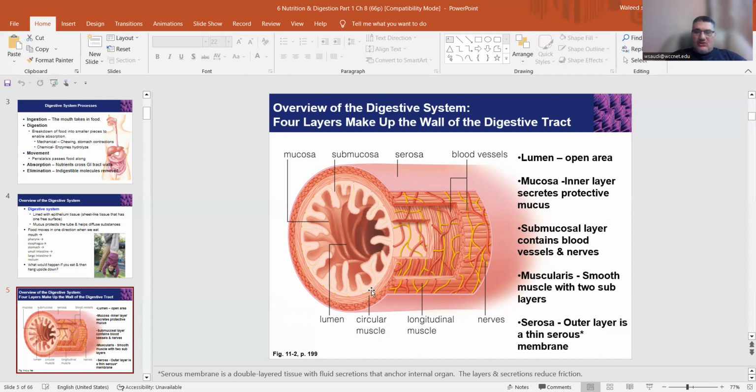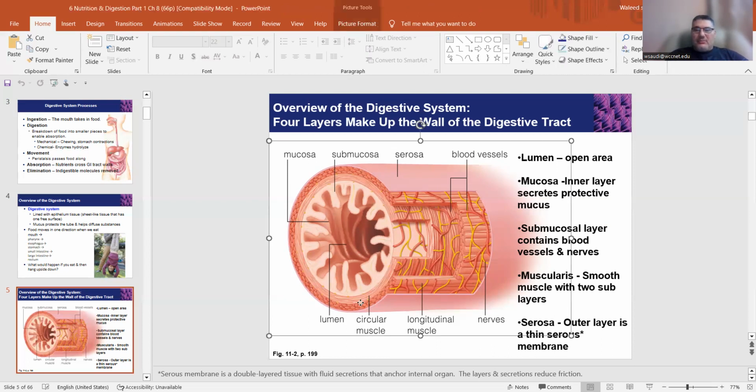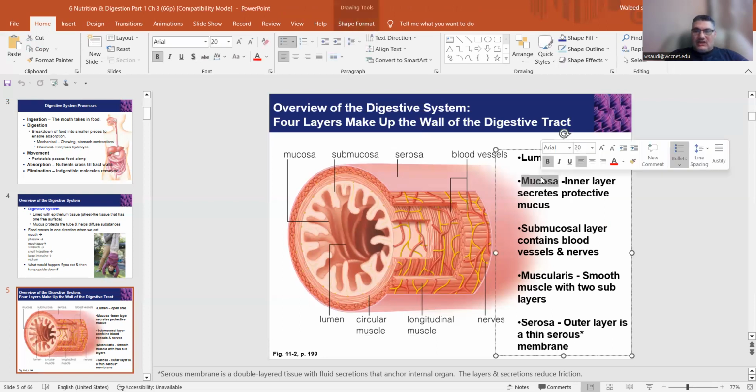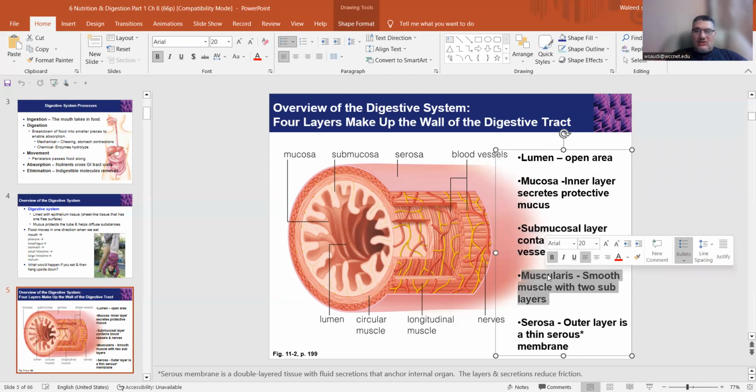One that are circular, like circle, circle, circle along the lumen. The other one are called longitudinal. It goes parallel to the longitudinal axis of the canal. So we call those two types of muscles together muscularis. Mucosa, submucosa, muscularis with its two layers, and the outermost is called serosa, the cover from outside. You need to know this.